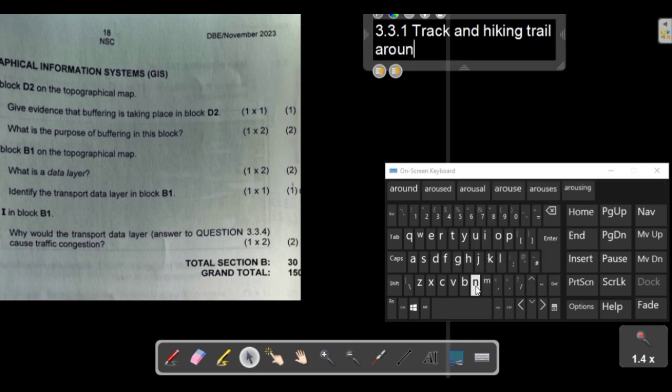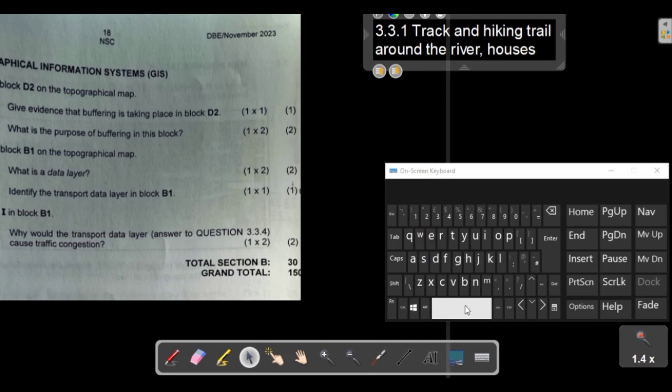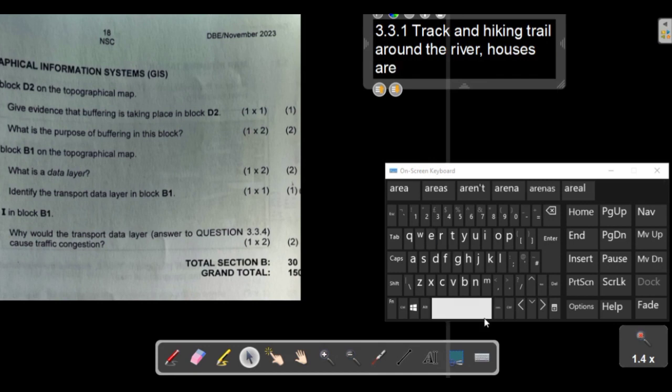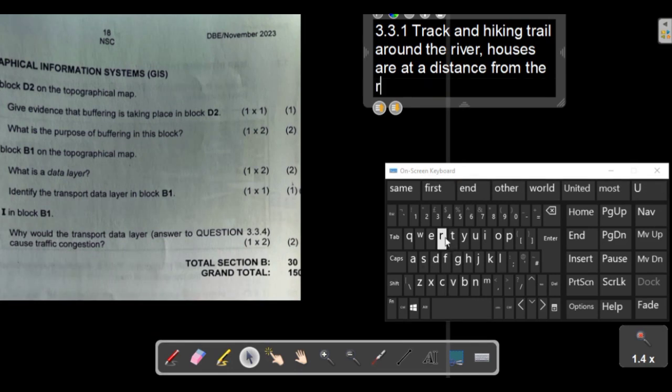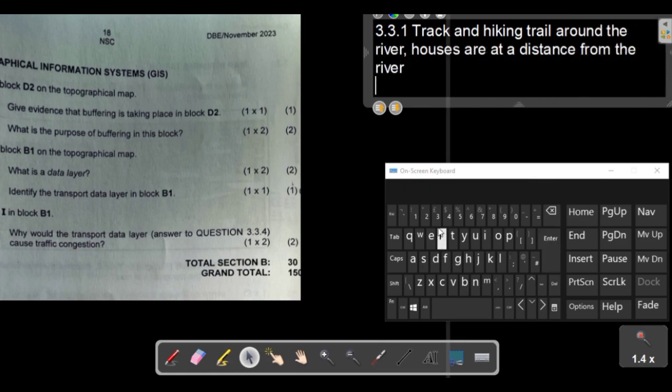Okay, you can say houses are at a distance from the river. Okay, so that's what we can see. Okay, so that is the evidence of buffering there.